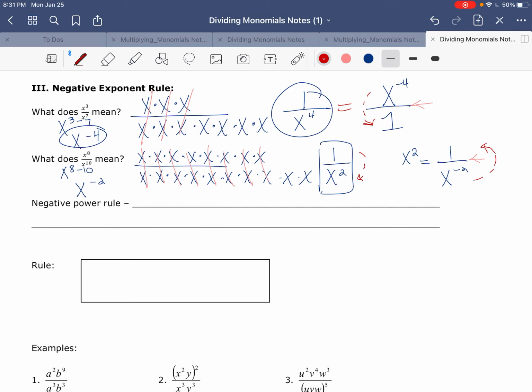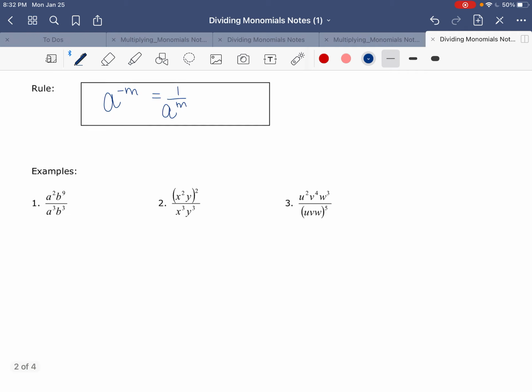So our negative power rule, and I'm just going to skip to the actual rule itself: a to the power of negative m is equal to 1 over a to the m, and vice versa. So we're going to look at 1, 2, and 3.